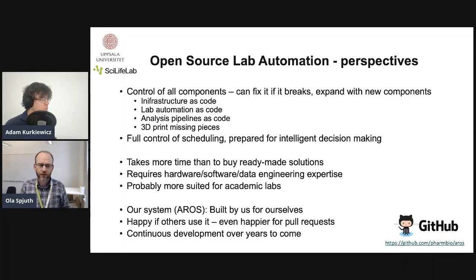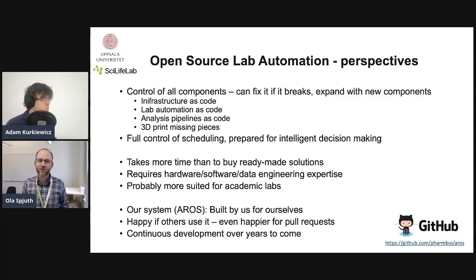You also need competence in hardware, software, and data engineering within your lab team. I would say, from discussions with different companies and pharmaceutical companies, that it's probably more suited for academic labs.